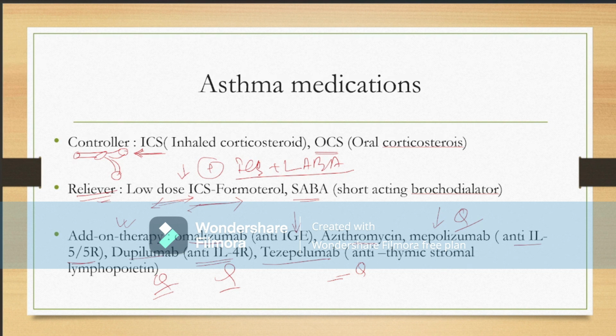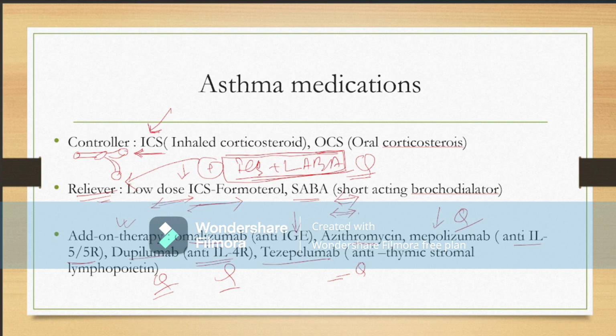So in this slide, the most important thing is that inhaled corticosteroid and long-acting beta agonist together have now entered into reliever therapy. Previously, inhaled corticosteroid was only present in controller therapy, but now this concept has changed.